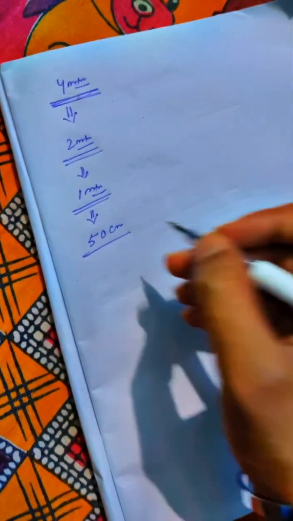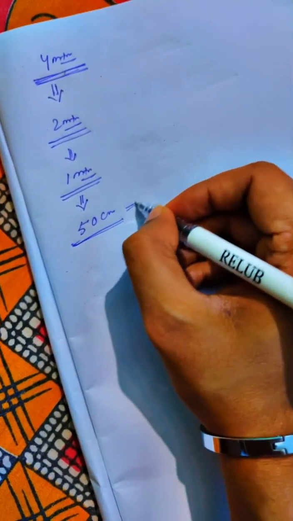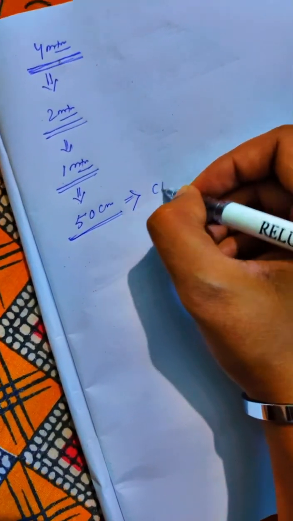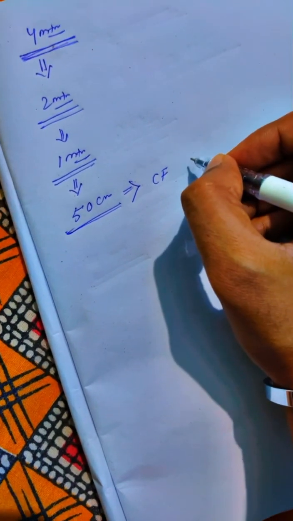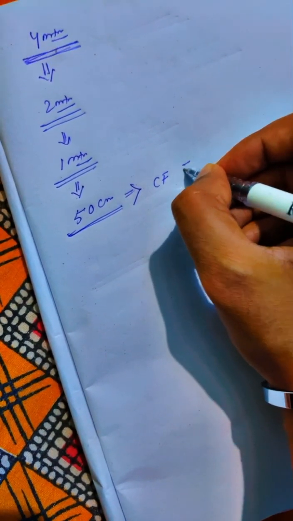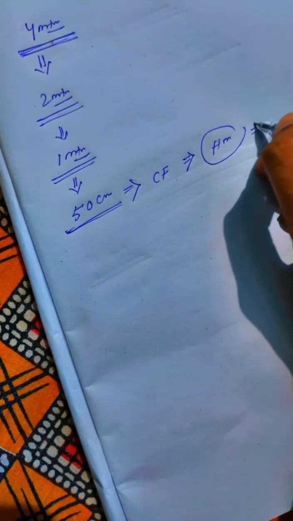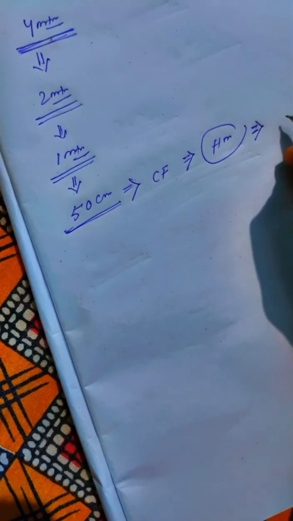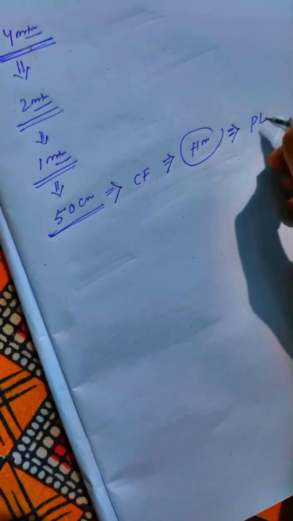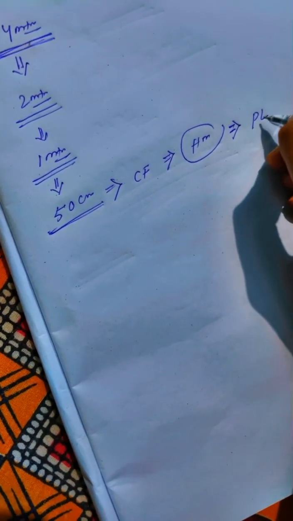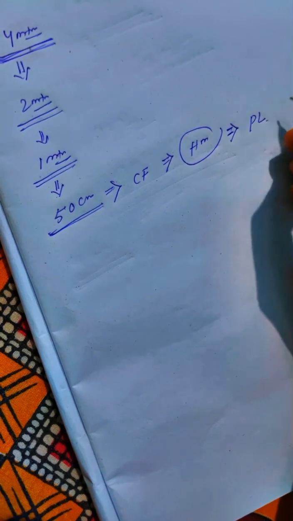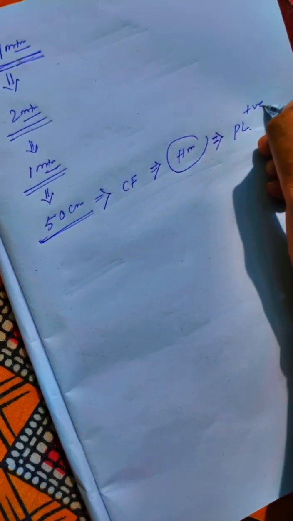If the person cannot read at 50 centimeter also, then we do counting fingers. If the person cannot identify counting fingers, then we go for HM, hand movement. If the person cannot identify your hand, then we go for PL, projection of light. If the person is able to find the light, then you write PL positive.